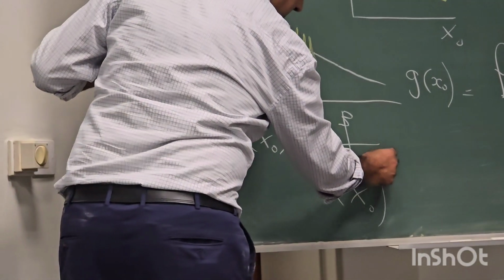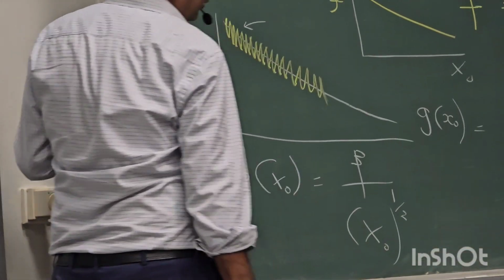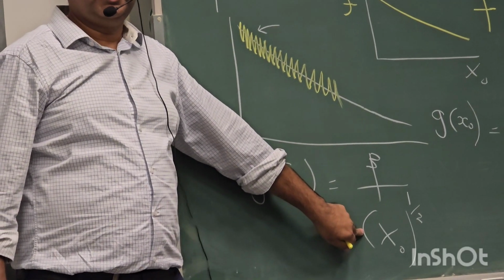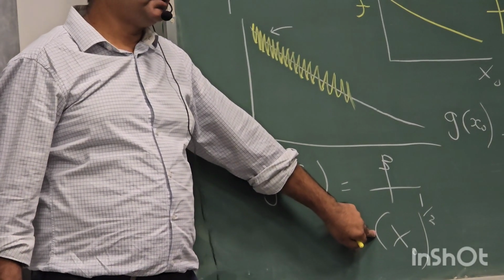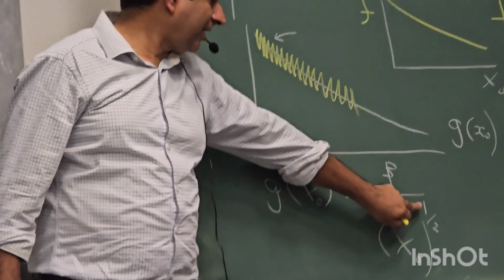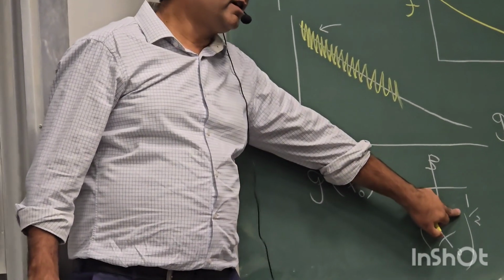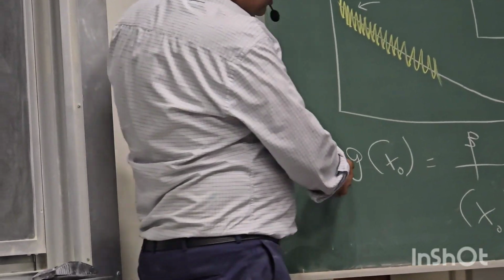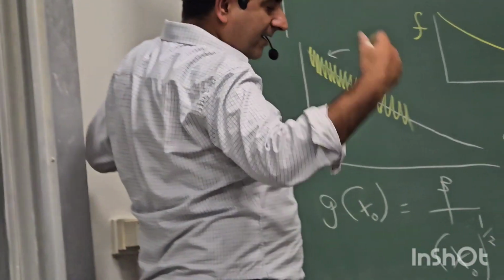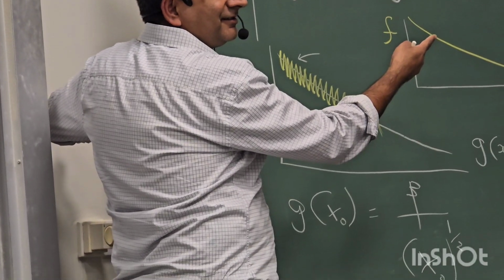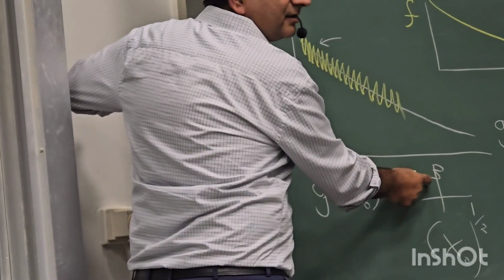So if I were to make a plot, assume that this is square root. You don't need to zoom, you can see what works best. You can use half, 1, 3 by 2. So if I put 1/2 here, and if I were to make a plot between g, the g that I have, and 1 over square root of x naught, if I get a straight line, that will give me the value of beta.